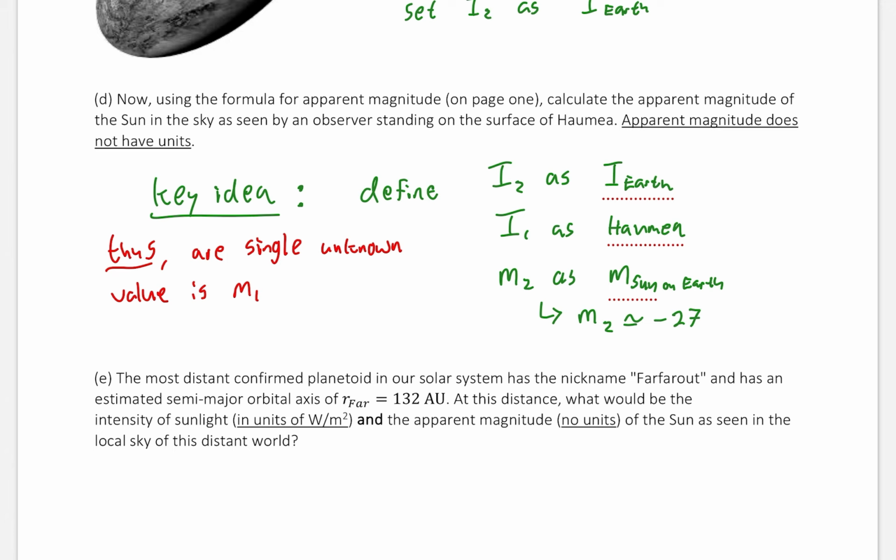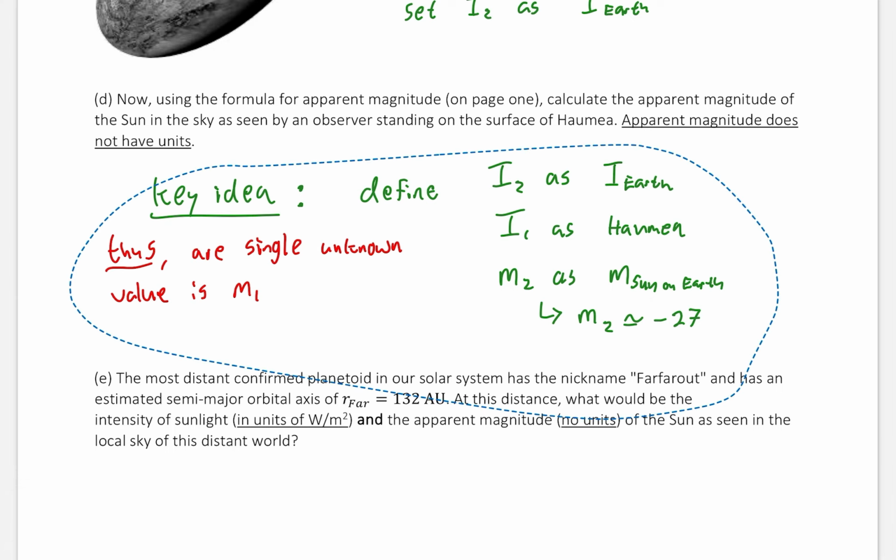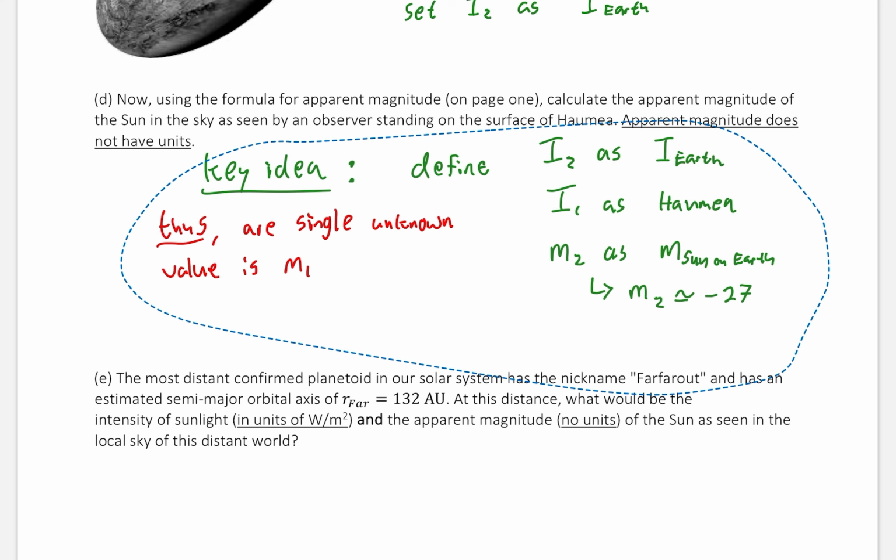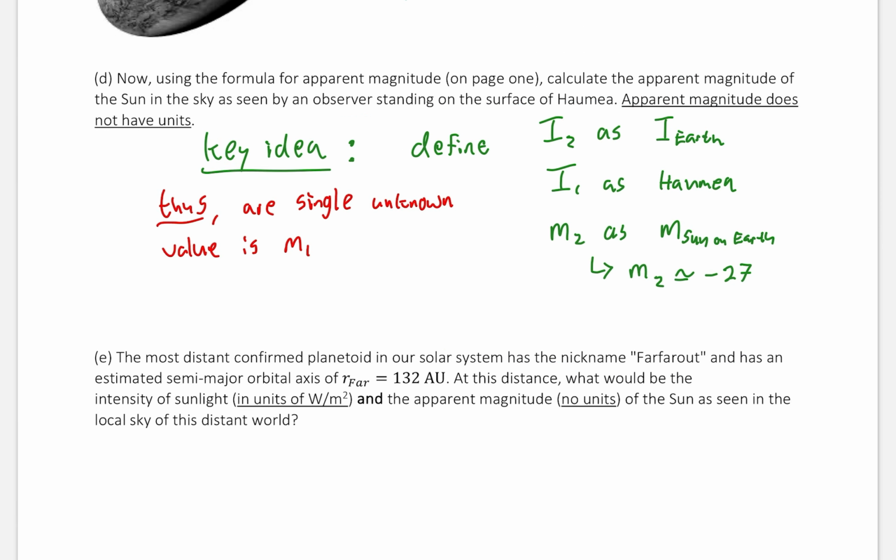All right. So then, simply solve for M2. Now remember that the equation has M2 right out in front, so solving for M2 is fairly straightforward. You can flip back to page 1, which is the equation you're using, but I'm just going to reference it right here. So the equation is M2 minus M1 equals negative 2.5 log of I2 over I1.